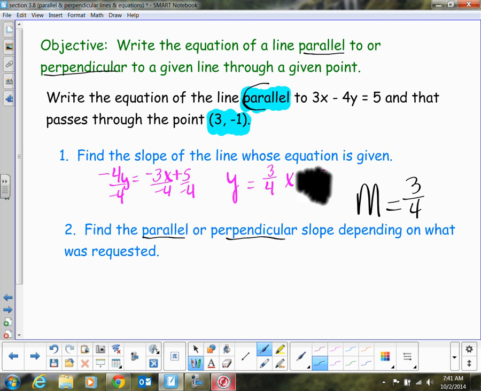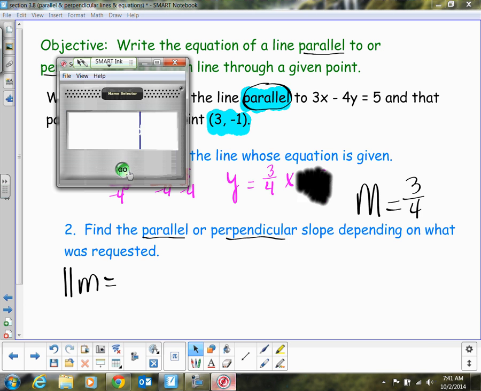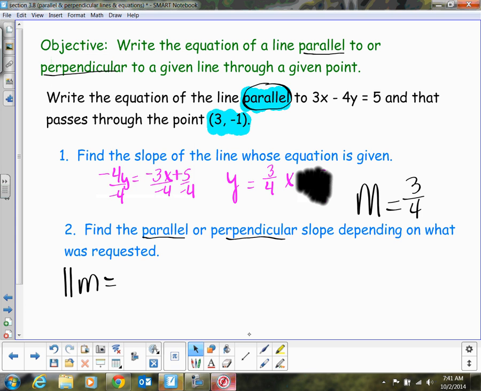What was requested? Parallel. So if the slope of this line is 3/4, my parallel slope will be what? McKenna? Yes. So we have a parallel slope of 3/4.